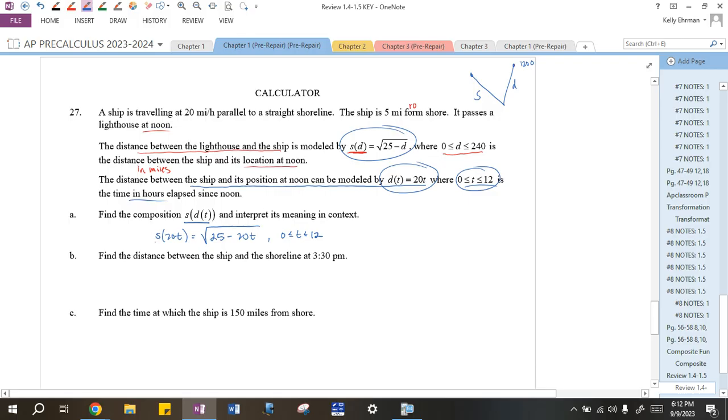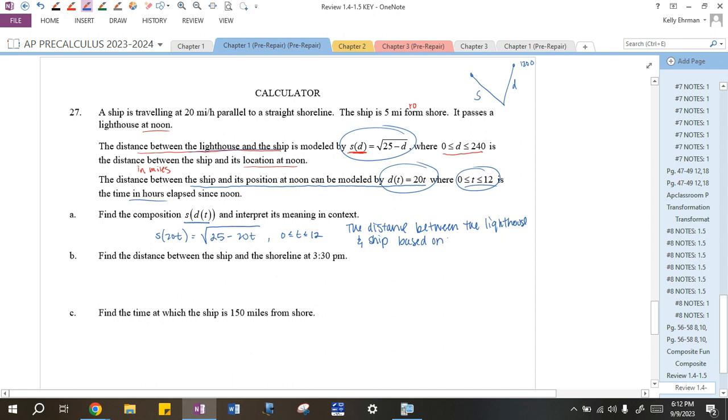So remember, what is S? S is the distance. Now here I go back to the problem. The distance between the lighthouse and the ship, based on what's the input?